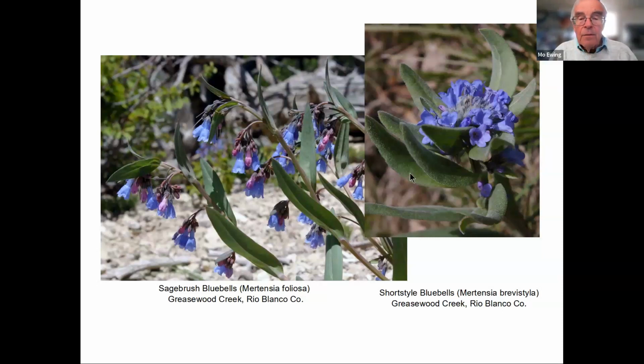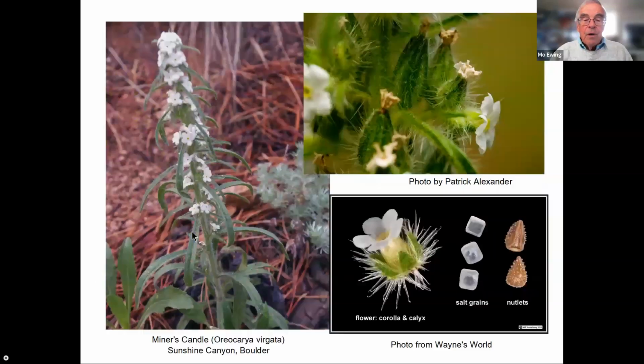In Mertensia, in the key that Ackerfield and Weber and Whitman use, one of the ways that you identify the different species is where the stamens attach to the petals, whether they attach right at the throat where the petals open up, or whether they attach way down in the throat. So it can be tough to identify.